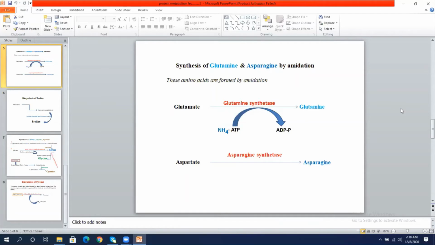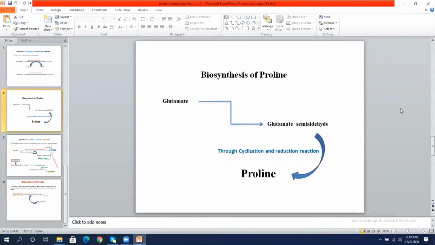In this way, 5 non-essential amino acids have been synthesized by different reactions by receiving an amine group in the presence of different biological catalysts. The next reaction is the biosynthesis of proline.